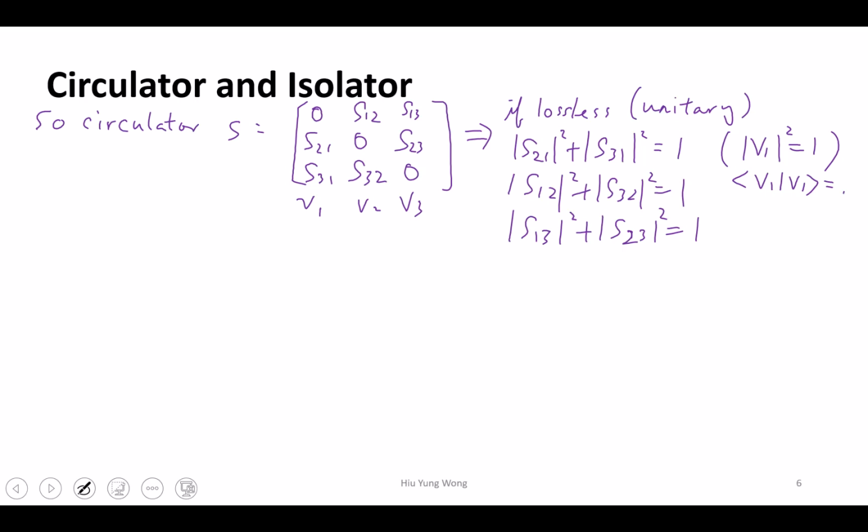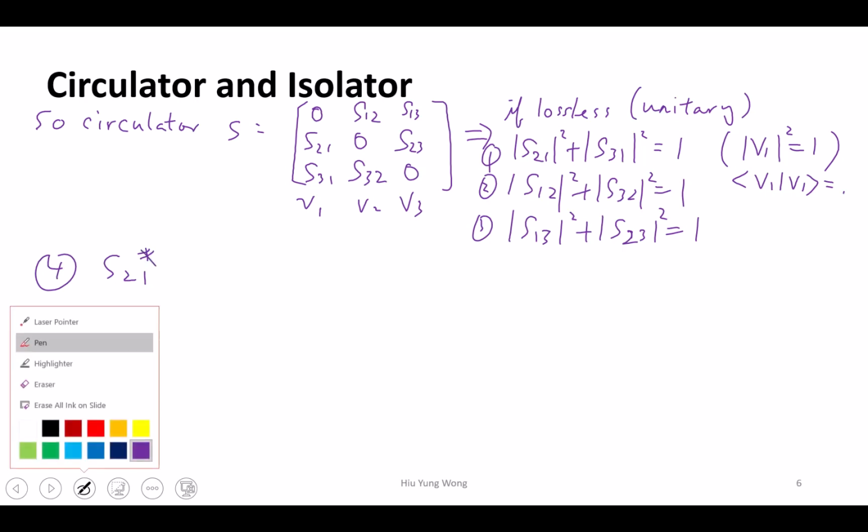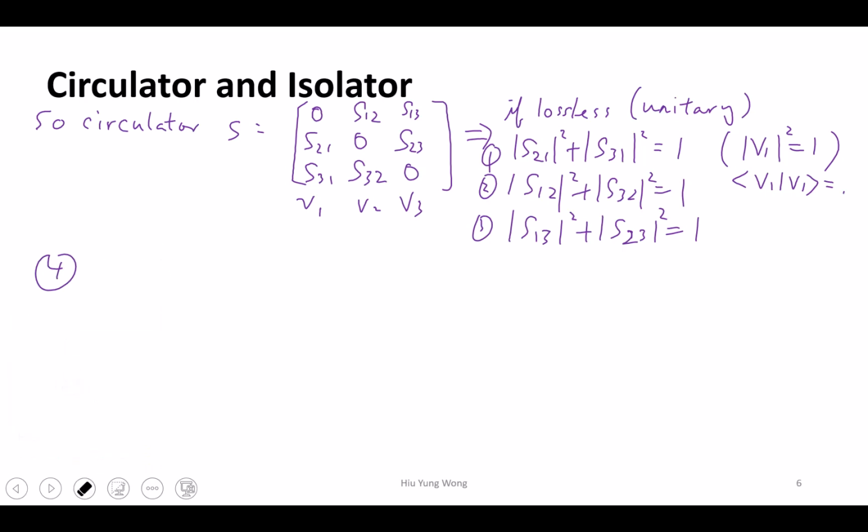I do the first two columns. I call this 1, 2, 3, and this is 4. S21 complex conjugate. No, this one does not work. I don't need this.